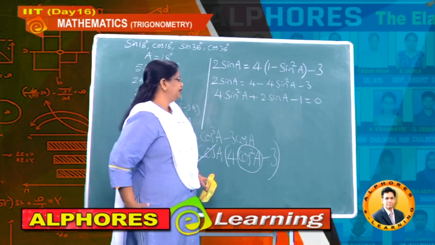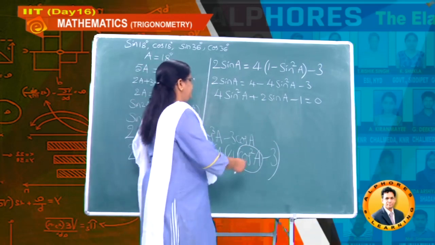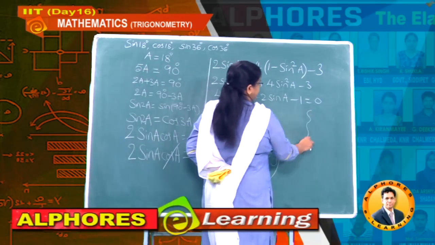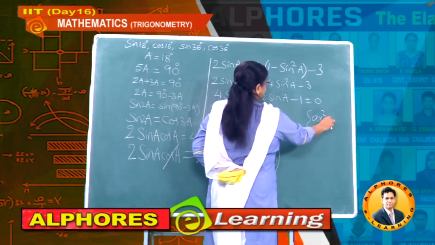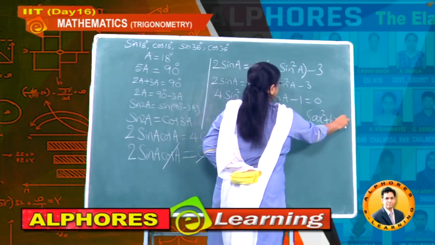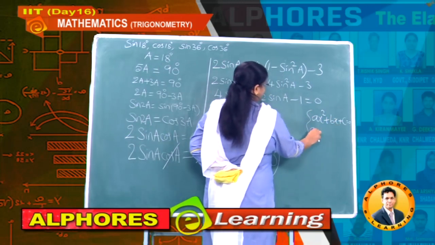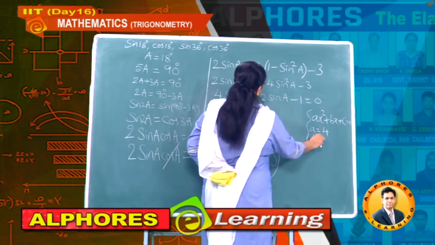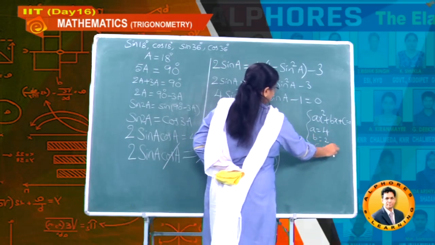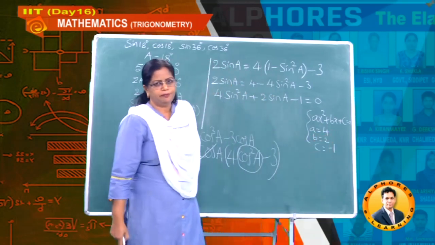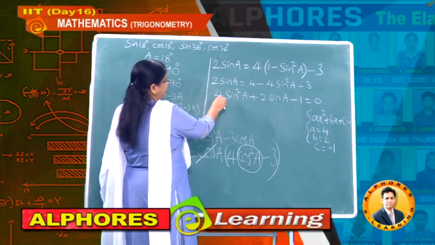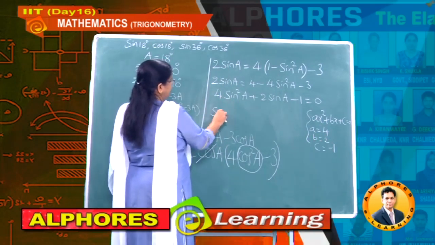Okay. So how can we use that formula here? It is a quadratic in sine. That means if the equation is ax square plus bx plus c equal to 0, then in this problem a value is 4, b value is 2 and c is minus 1. Therefore, we are using the formula, the quadratic equation is in terms of sine.